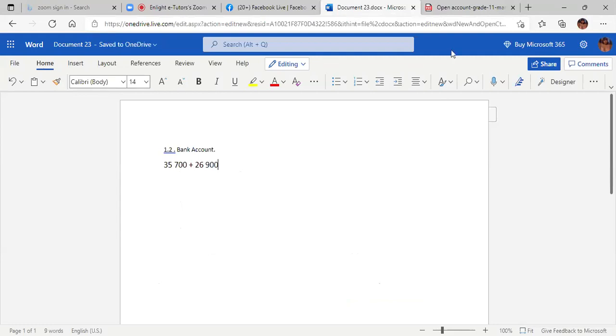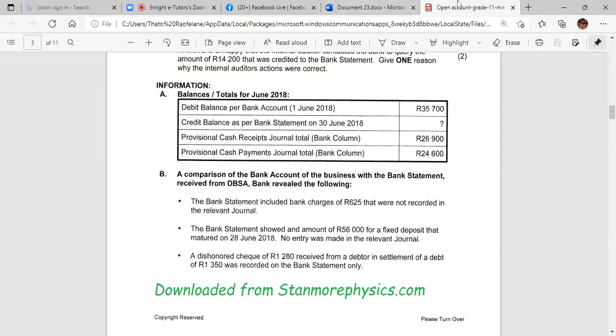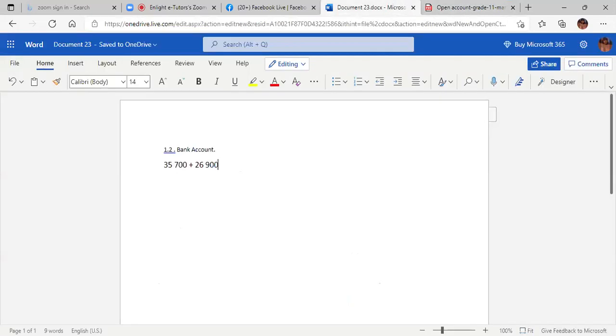Because it's the cash receipts journal, we received money. And then we have the provisional cash payments journal. Obviously, we made payments, money went out of our bank account, so it's a minus 24,600.